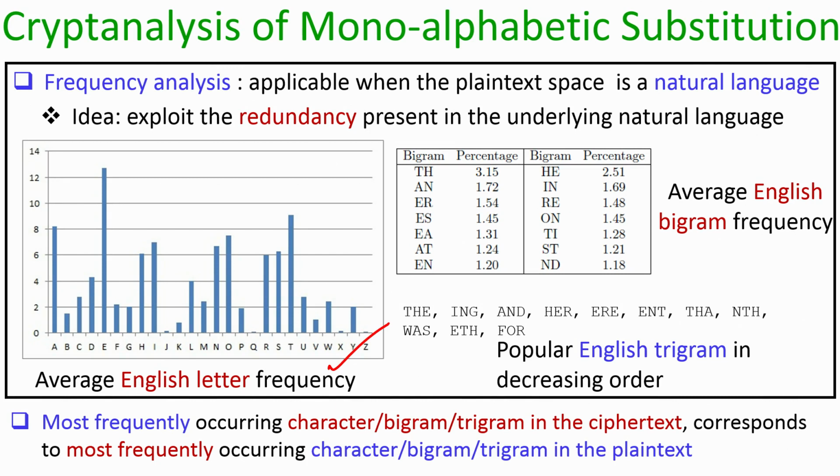So, for instance, imagine that after preparing this chart, the adversary finds out that the ciphertext character R occurs the maximum amount of time. So, the adversary can think in his mind that the ciphertext character R corresponds to the plaintext character E, and so on.